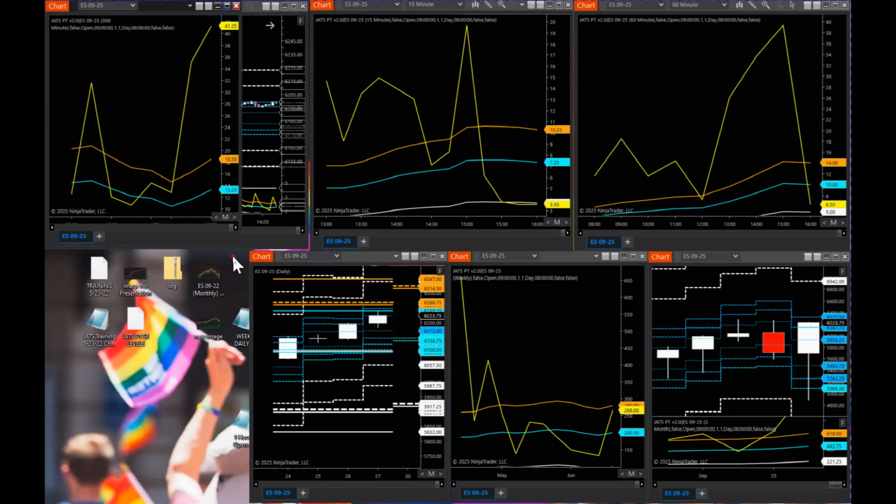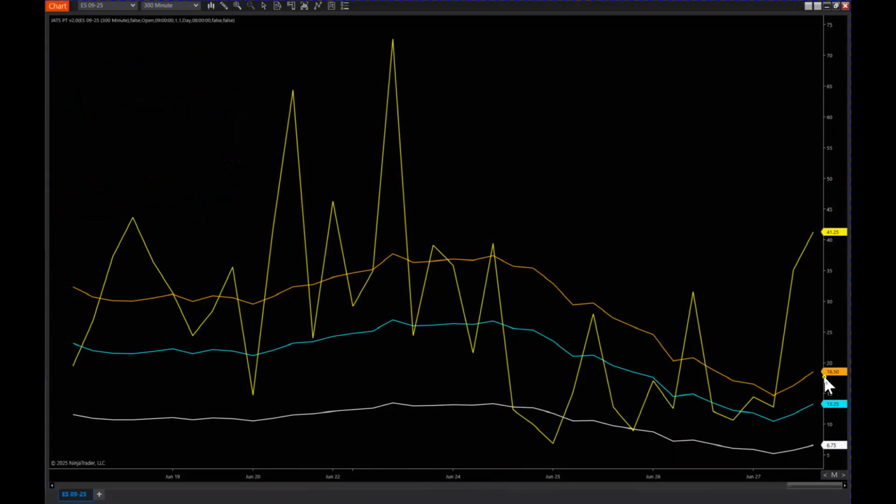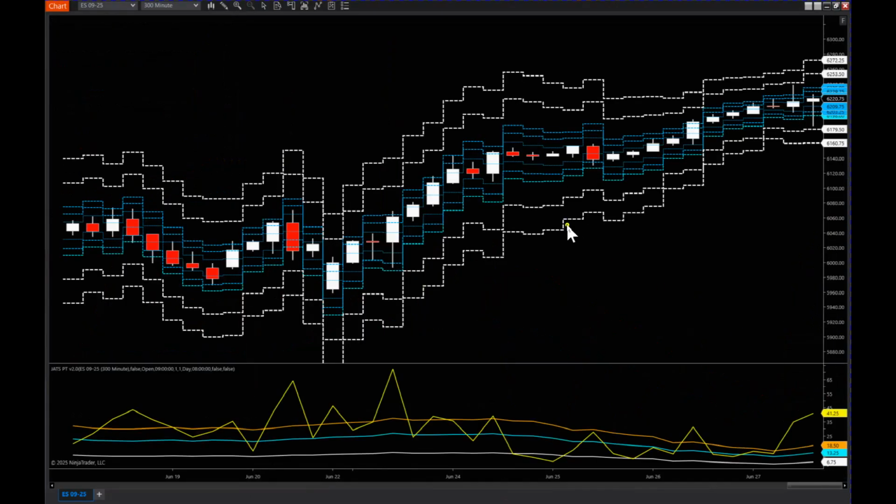It's the same thing as all the other ranges. So you can see here it went from 1850 to 41, so it's just a little bit over 2 times the range. And so you can see here it broke out and went 2 times the range. And they trade inside their 300-minute 1, 2, 3.